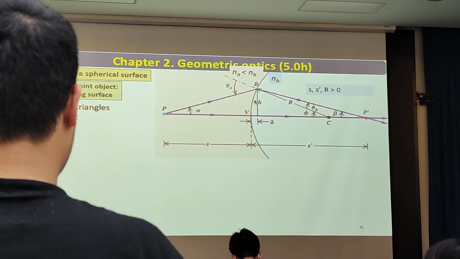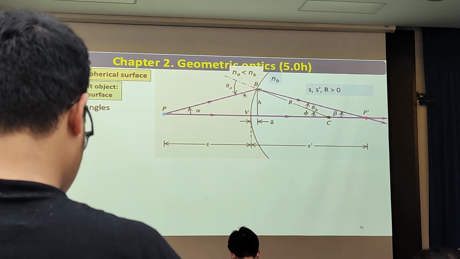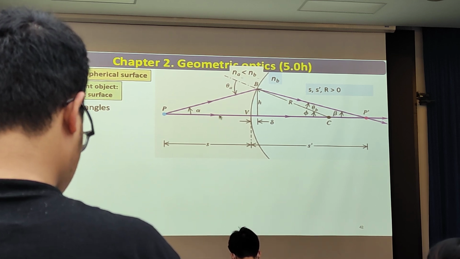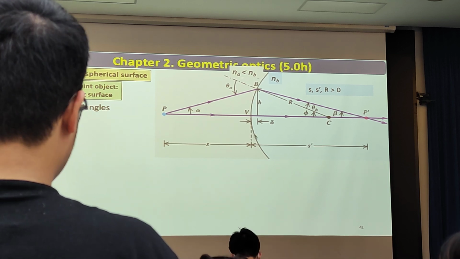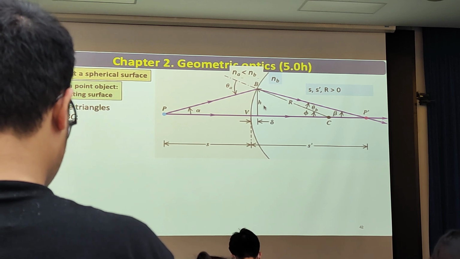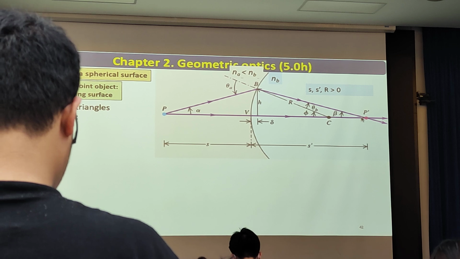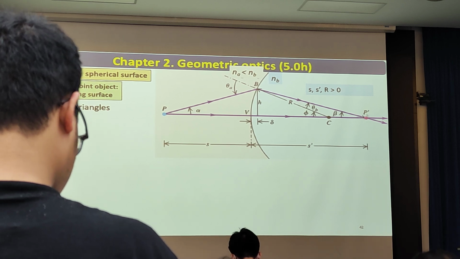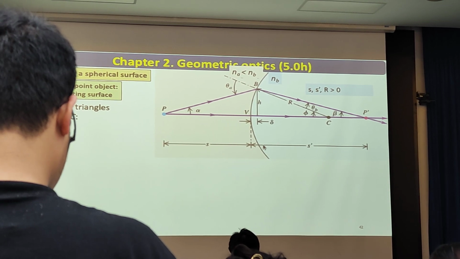Why? Because here the object is on the same side as the incoming rays of the refracting surface. You agree? So positive object distance. S prime, so you have the image here on the same side as the outgoing ray of the refracting surface.